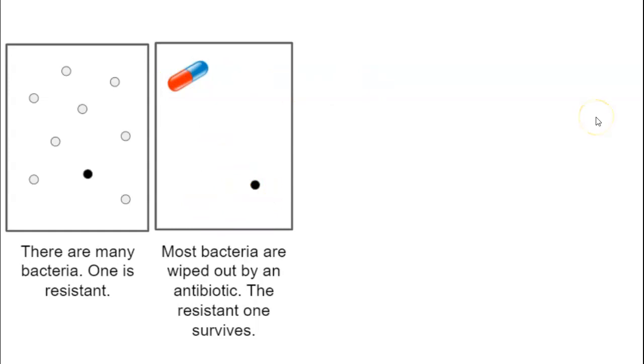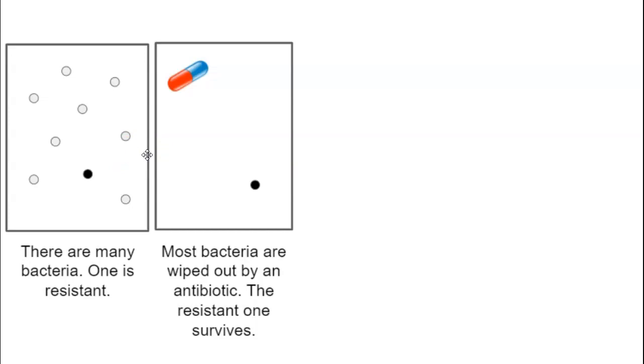We've talked about Darwin and his theory of natural selection. His requirements were that there had to be variety, so there are different types of bacteria, and overproduction, so only some are going to end up surviving. There's going to be a struggle to survive. All of the ones that are not resistant are going to struggle to survive.